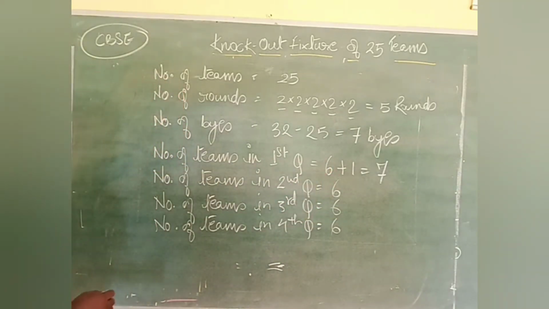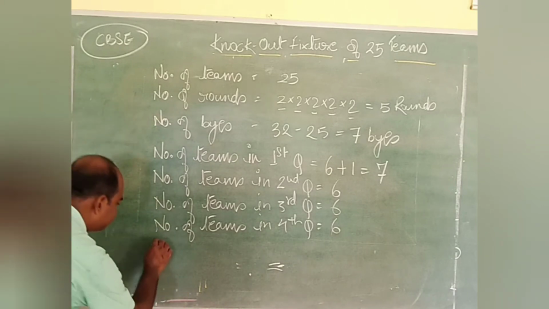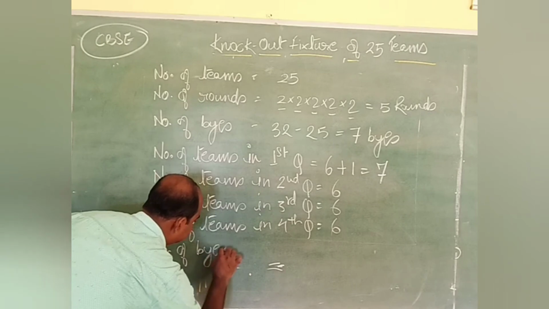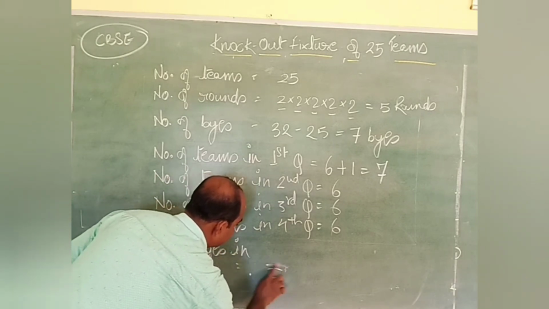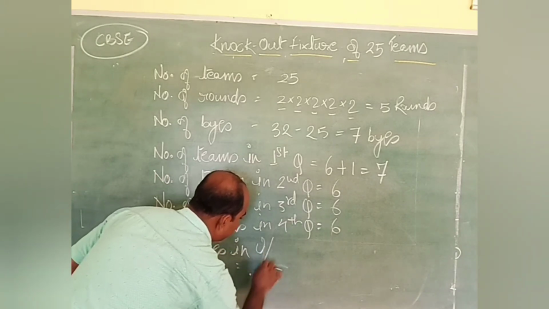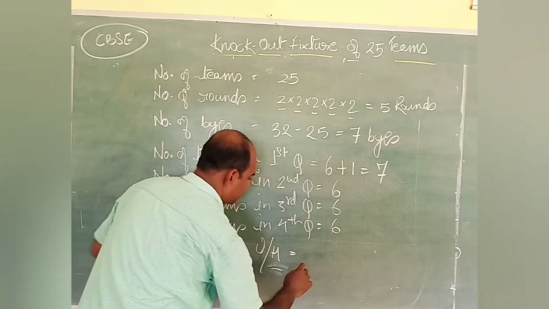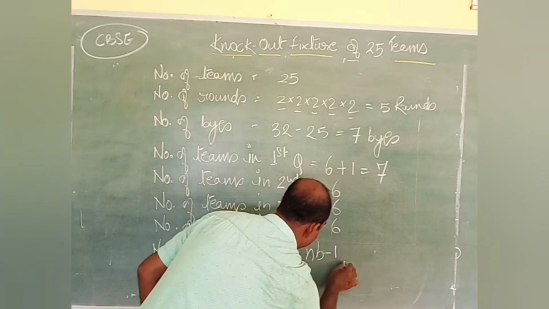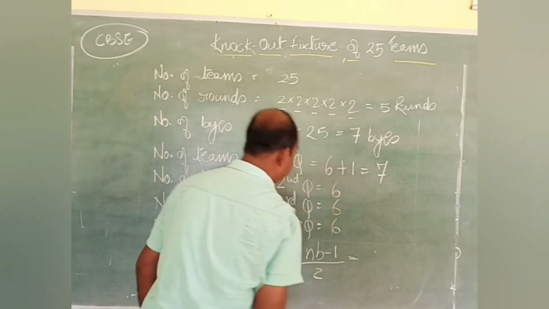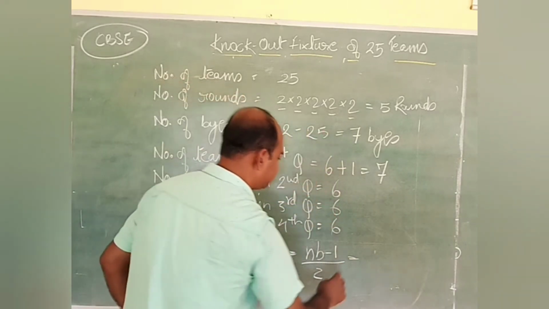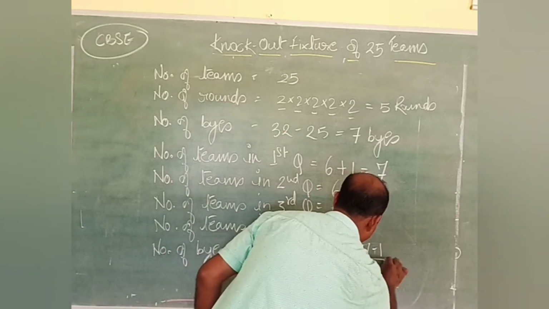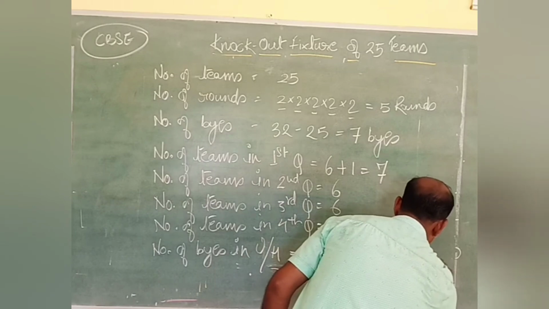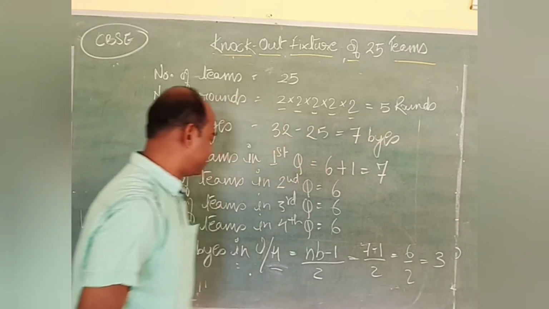Now number of byes in first half, upper half. Number of byes in upper half is (nb minus 1) by 2. Total number of byes are 7, so (7 minus 1) by 2, that is 6 by 2, so 3 byes in the upper half.